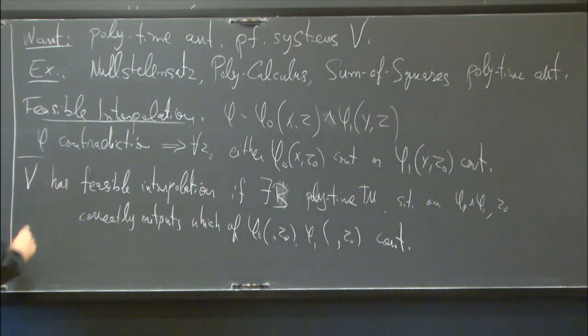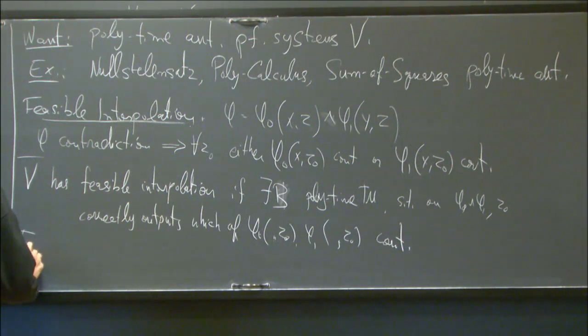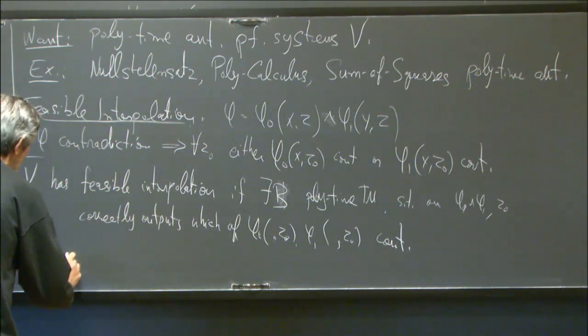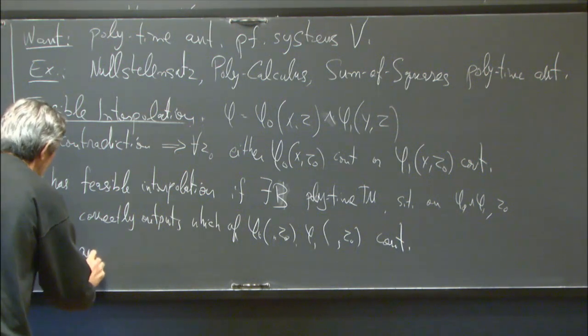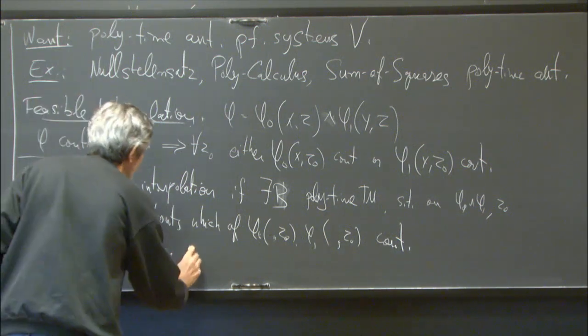So again, this is another property of proof systems, and it should get harder to satisfy the stronger the proof system is. It is easy to see that it's a refinement of automatizability, so a very simple fact which you can check, just to see that you understand the definition, is that if V is automatizable, then V has feasible interpolation.